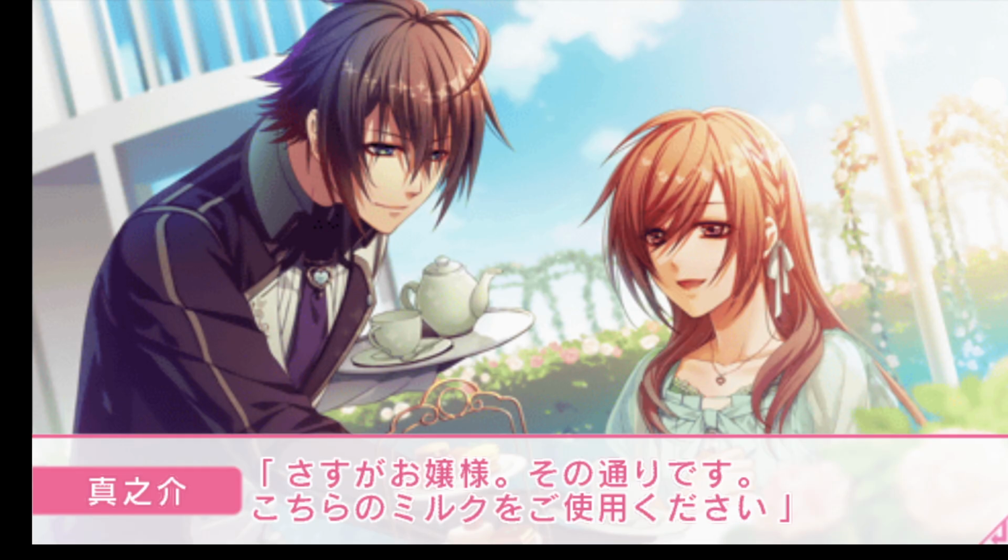Never use that. For example, you could say inu ni niku o yaru. Inu is the dog, and niku is meat. So you could say inu ni niku o yaru, give meat to the dog. We're going to talk about ni after, I'm just going step by step.